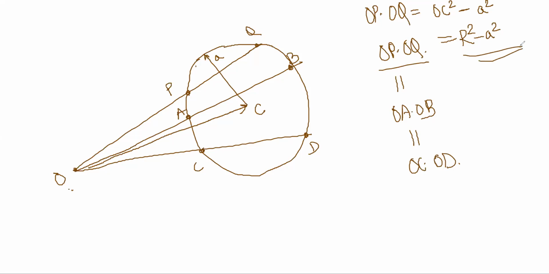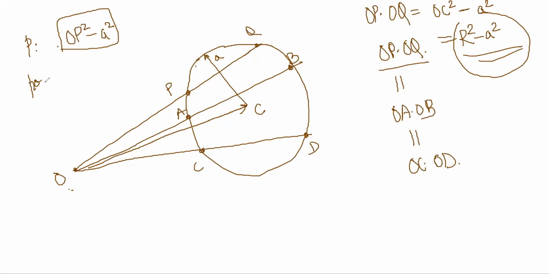So for a given point P, we can define OP square minus A square as a constant, which is called the power of a point with respect to a circle.